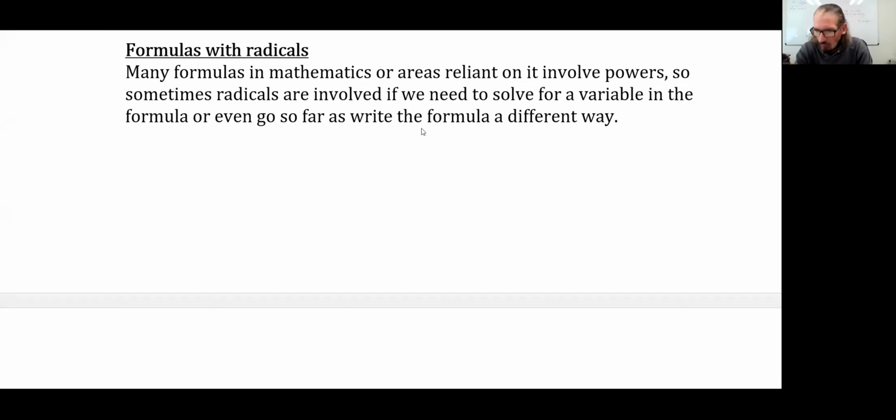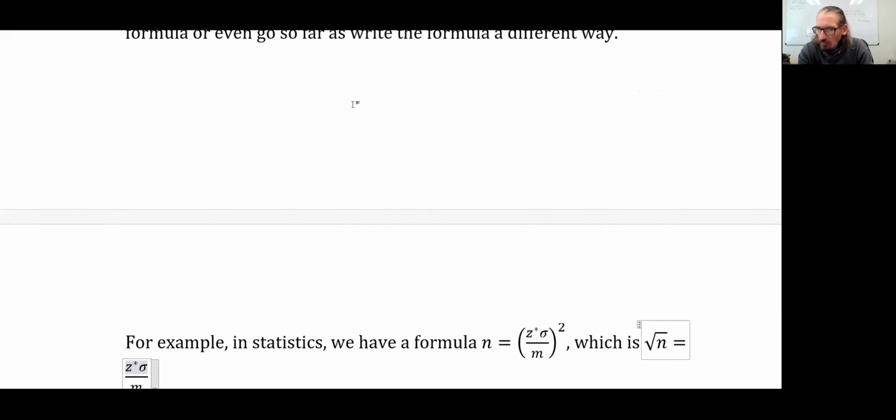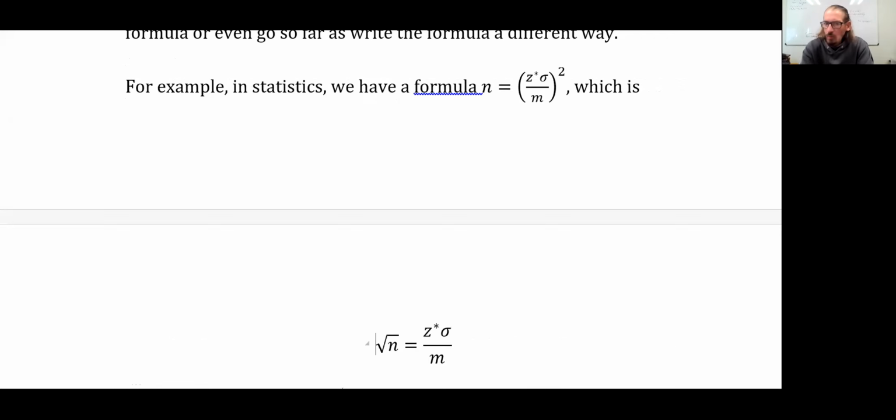To get a very short look at why we care about working with radicals, here's an example of something that shows up in statistics. I won't get into what that stands for, but say we see this at first.